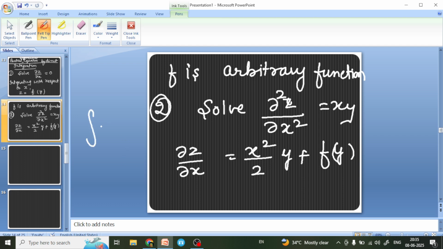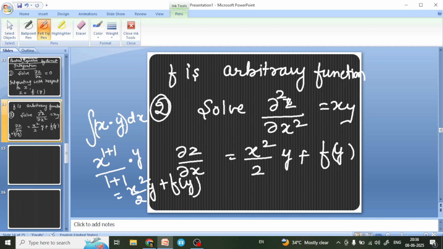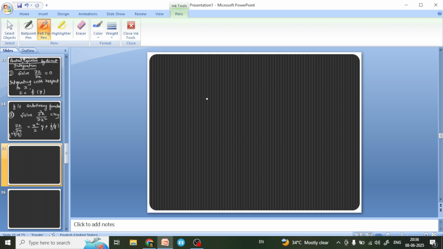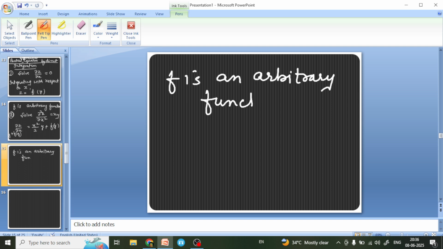When we integrate x into y, x power 1 plus 1 over 1 plus 1, with y written as it is, it will be x square over 2 y plus a function of y, and f is an arbitrary function.